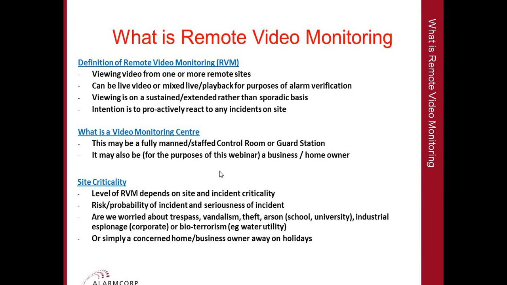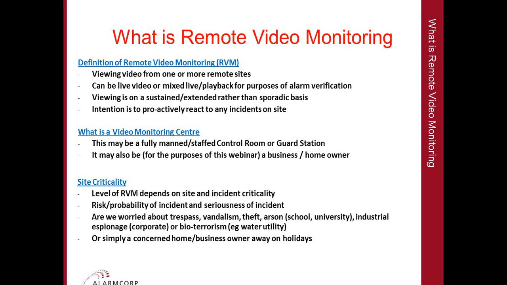Now, this brings us to the discussion of site criticality. The level of RVM required obviously depends on the site and incident criticality, the risk of probability of incident, and the seriousness of the incident. Are we worried about trespass, vandalism, theft, and arson, as in the case of a school or university? Are we worried about industrial espionage, in the case of a corporate situation?